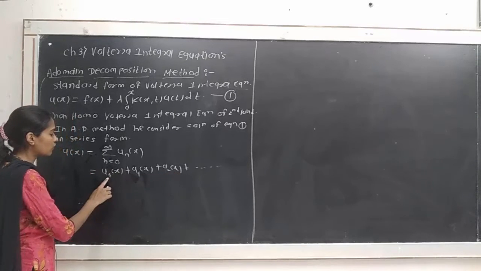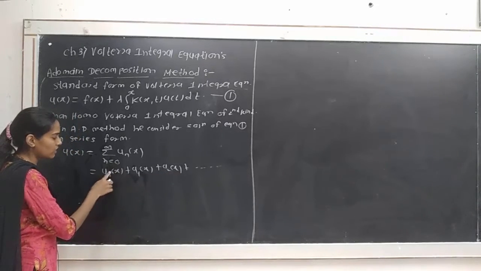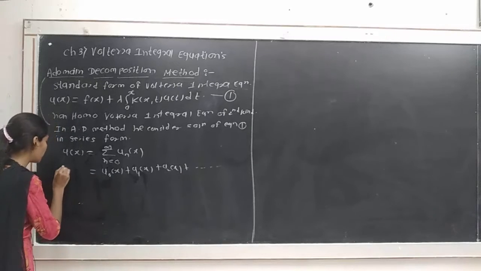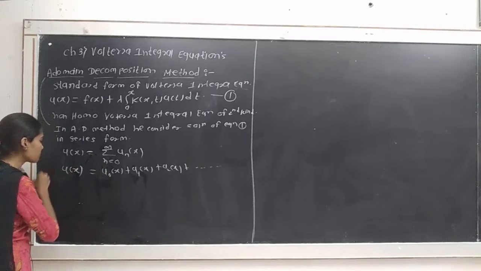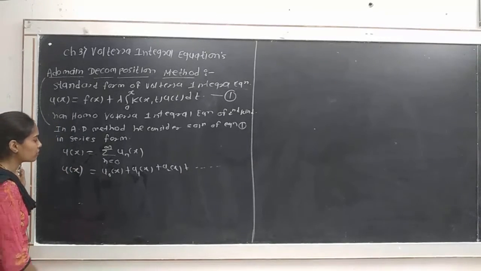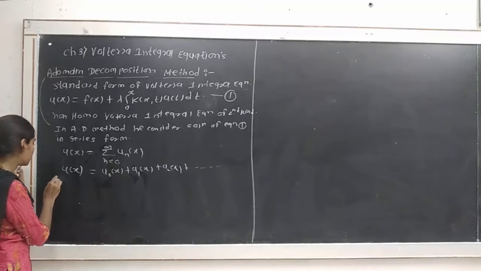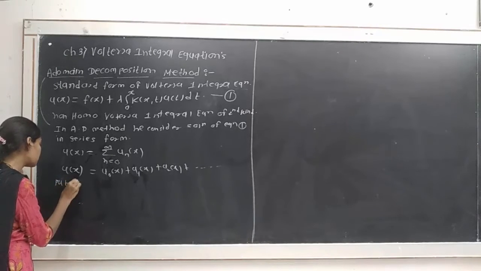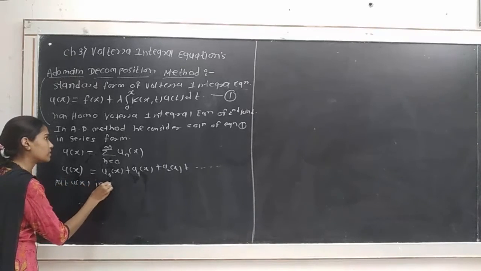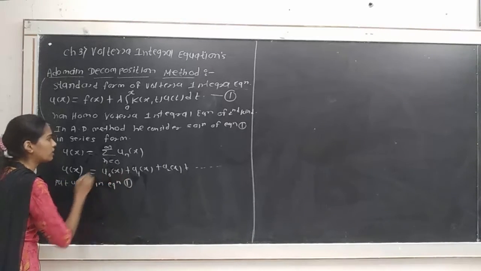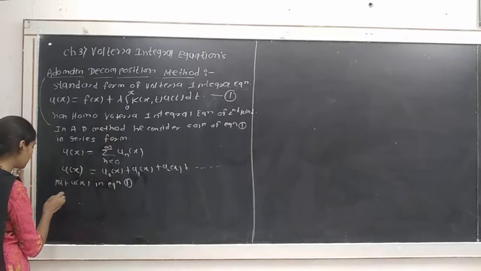First we want to find all these components and add them. For finding the recurrence relation, we put u of x in equation number 1.